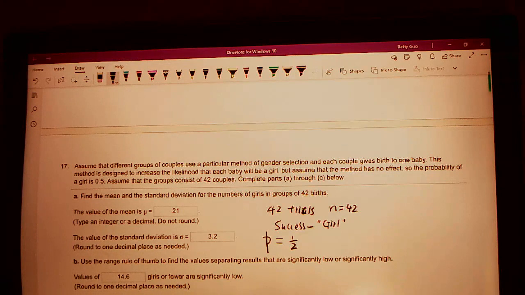If we let a girl be success, then boy would be the failure. The fourth condition, the probability of success remains the same for all the 42 trials. Exactly. Getting a girl always has a half or 50% chance for all the 42 couples. After you check all the 4 conditions, you will see this procedure is a binomial distribution.